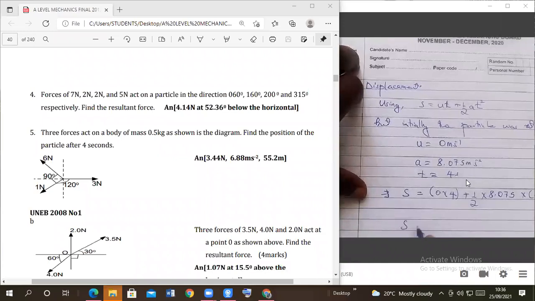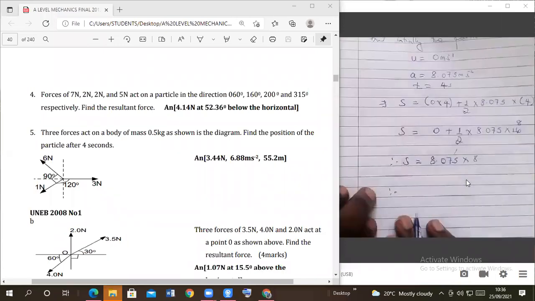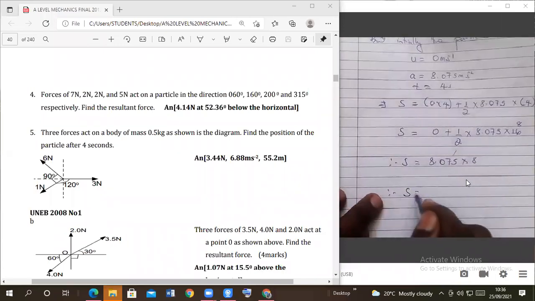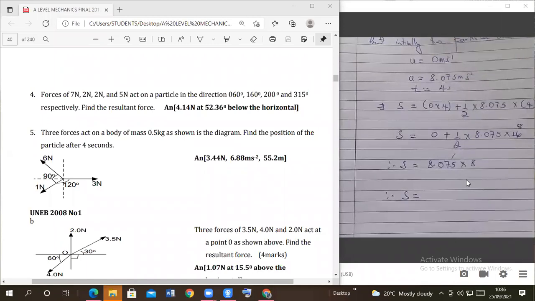So our displacement will be 0 plus half times 8.075 times 16. Half of 16 we get 8. Therefore our displacement S is equal to 8.075 times 8.